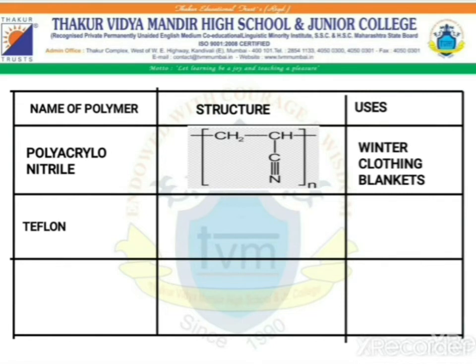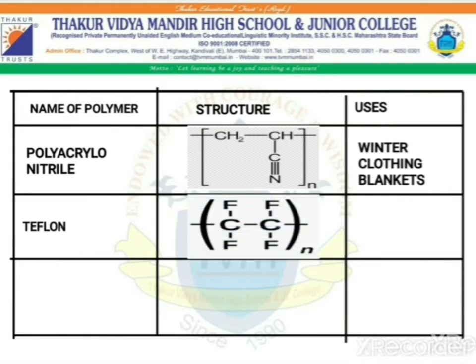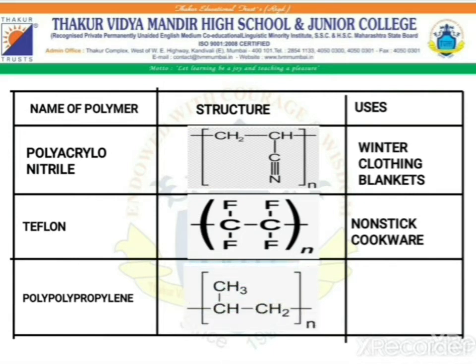The next is Teflon. Teflon is the most common substance which you have heard of in non-stick cookware. So all the non-stick cookware nowadays gets a Teflon coating. The next is polypropylene. This is the structure of polypropylene. This polypropylene is used in injections, syringes, and furniture.